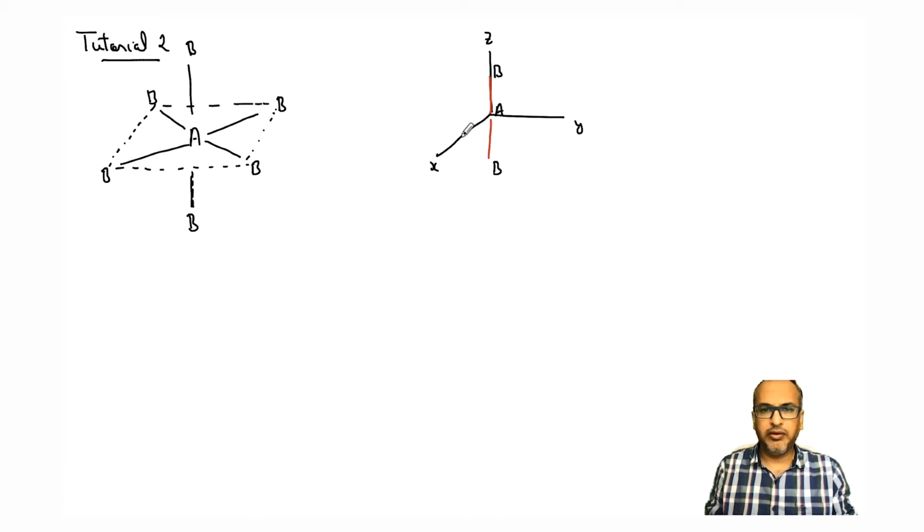And one of the B's will be onto this axis, and the other B will be onto this axis. Right? And all the bonds, and this is the triangle which we have drawn here. So it's something like this.